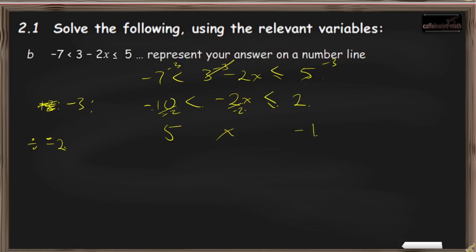But we must always be careful. Division by a negative causes the inequality to flip. Now, this is sort of semi fine, but we always want our smallest value on the left and our biggest value on the right.